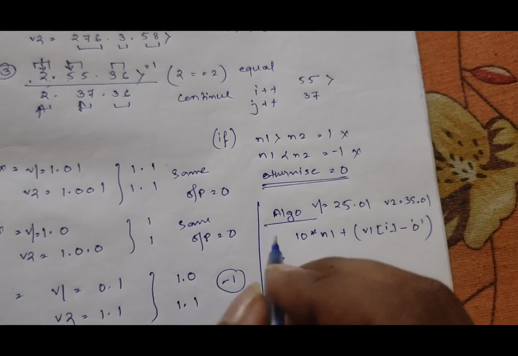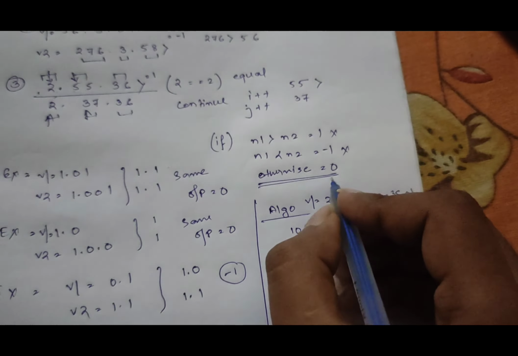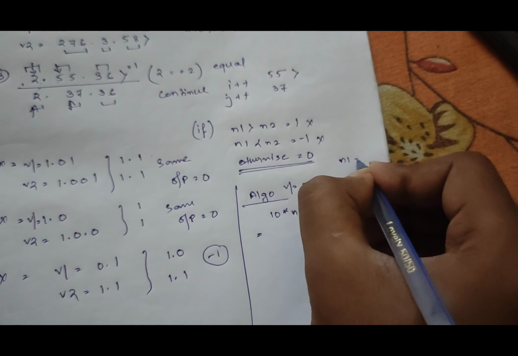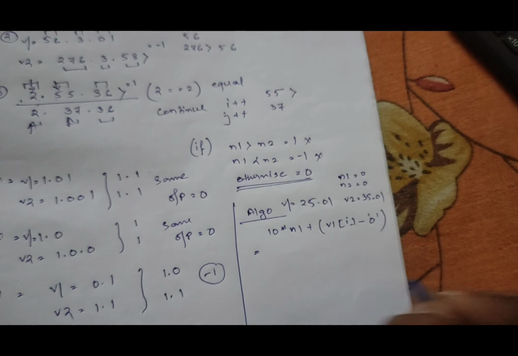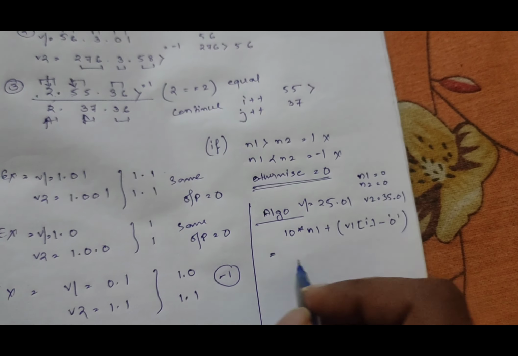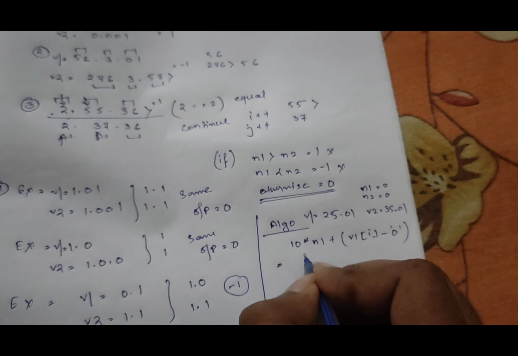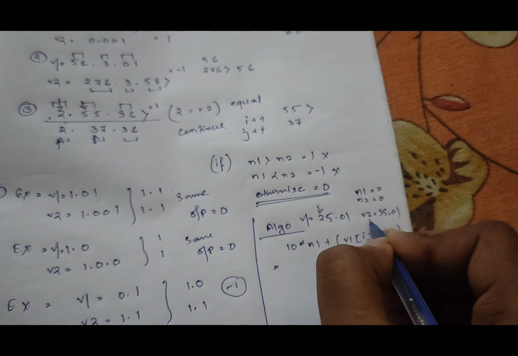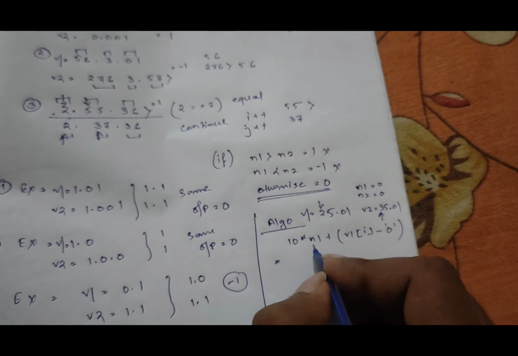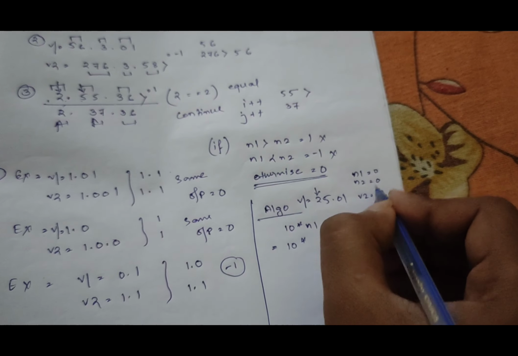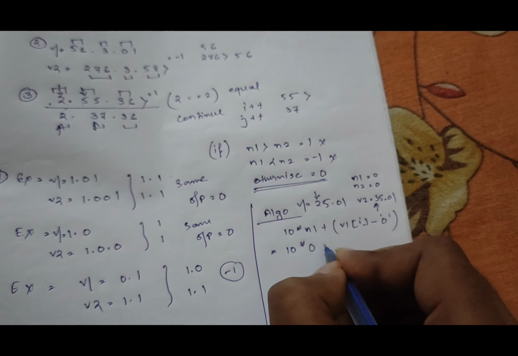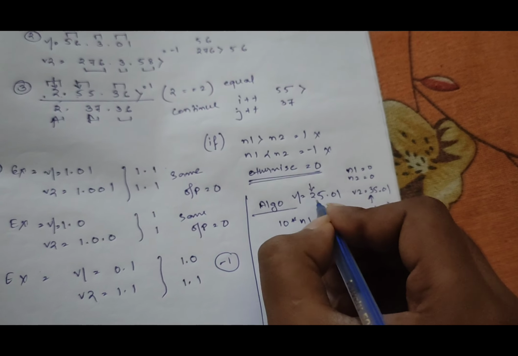Okay, so n1 is now 0 and n2 is now 0. Now I and j come in. Just check 10 into n1. The first time n1 is 0, then plus version 1 of I. What is version 1 of I?